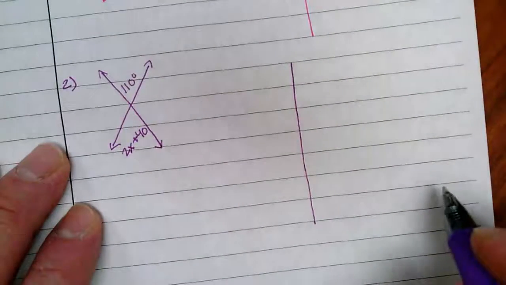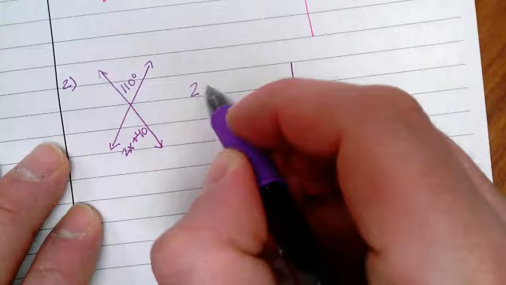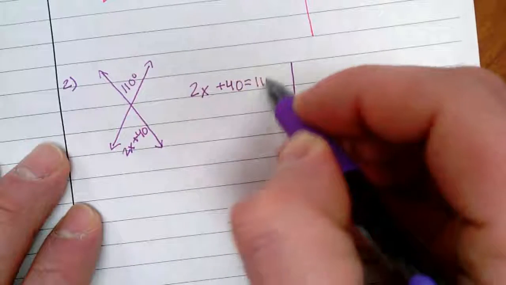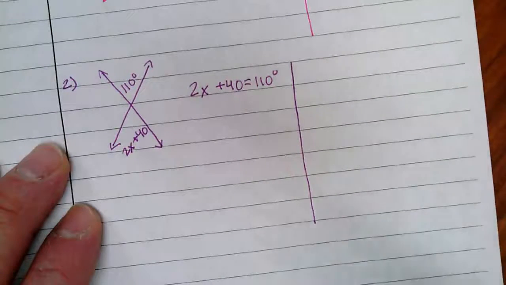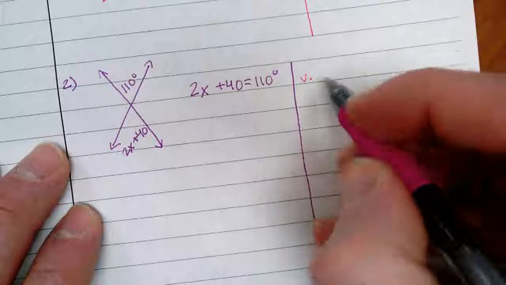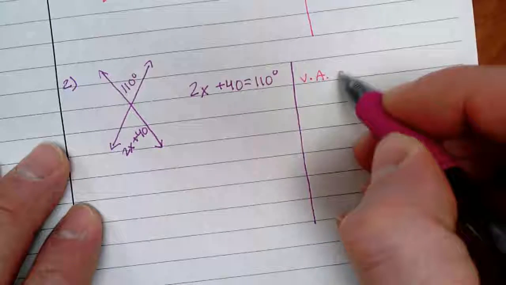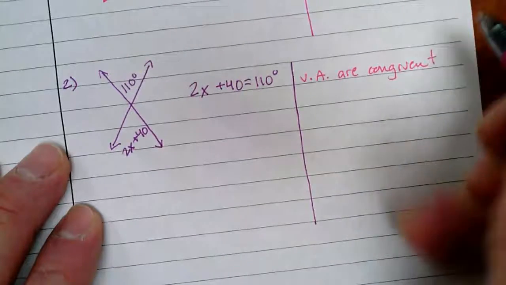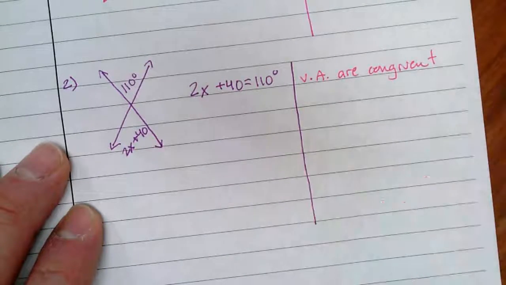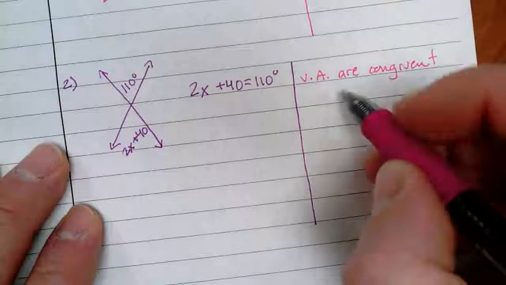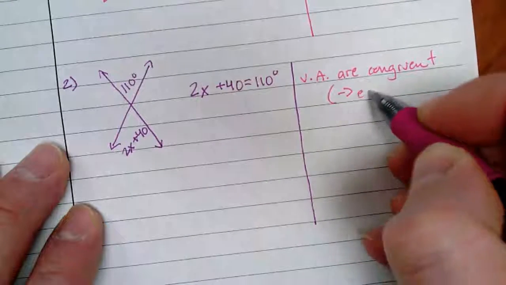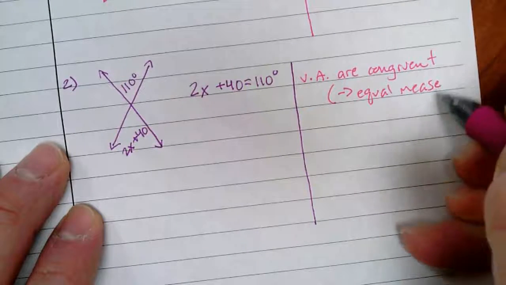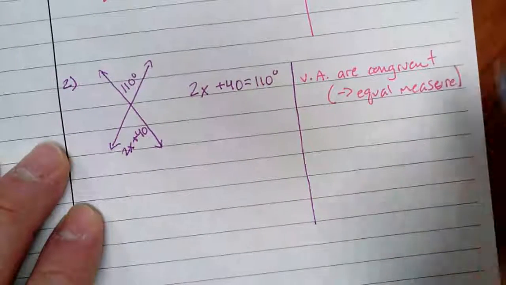We're going to say that 2x plus 40 equals 110 degrees. And we know that because vertical angles are congruent. Okay? I'm going to just put a little equal measure. M-E-S-U-R-E. Geez, can't spell today.